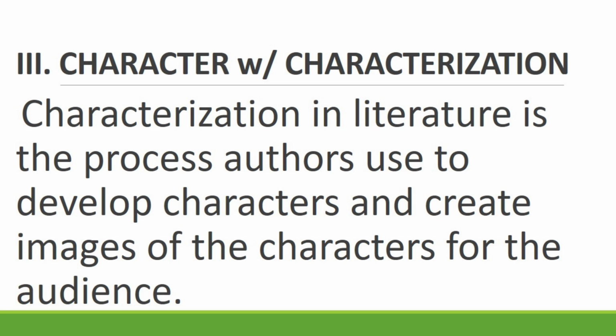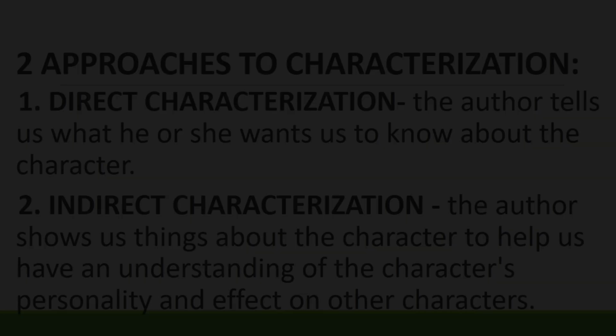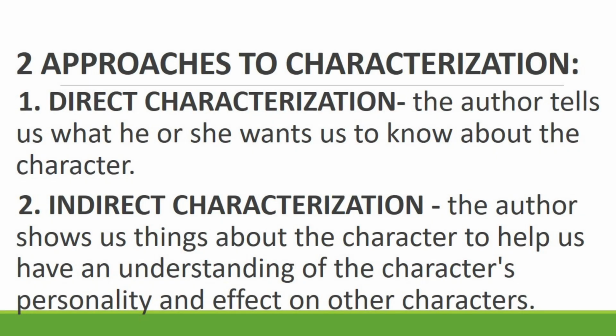Okay, so we have approaches and methods in order for us to identify the characterization of the characters. And here are the two approaches to characterization. We have the direct and indirect.